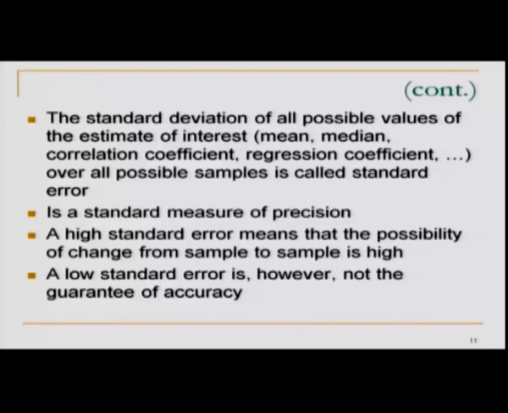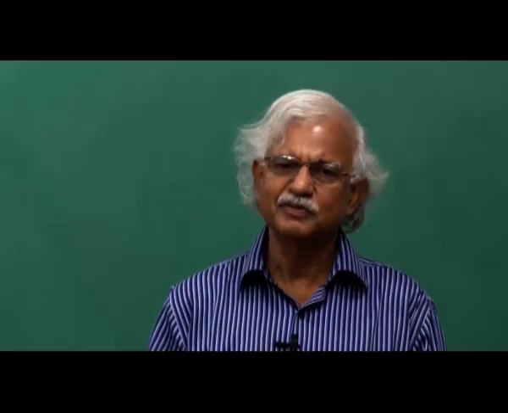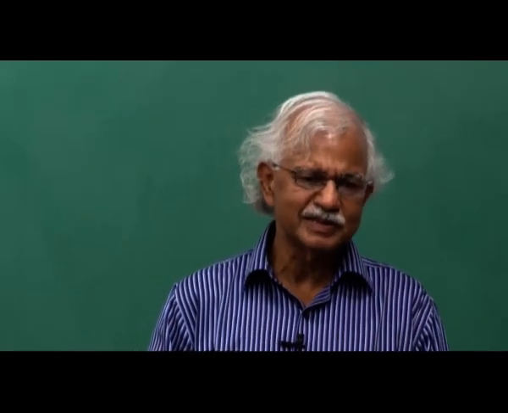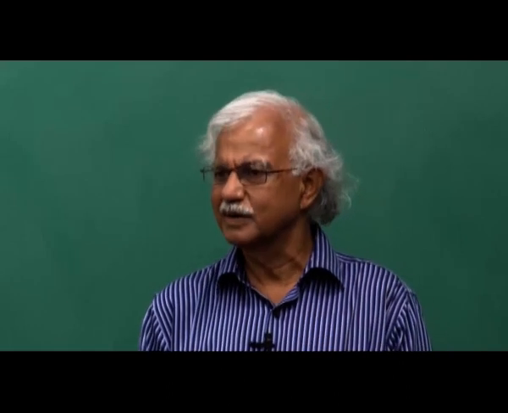So, if you calculate the correlation coefficient between two characteristics from sample data, you can also imagine that a similar value can be calculated from all possible samples, and the correlation coefficient may vary from sample to sample.